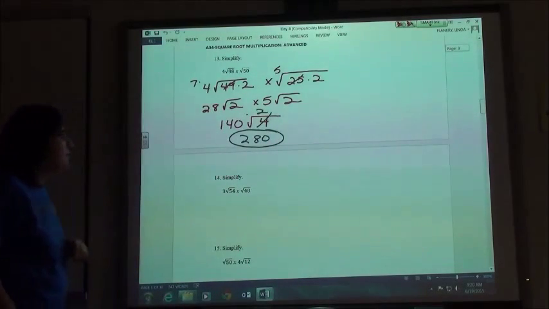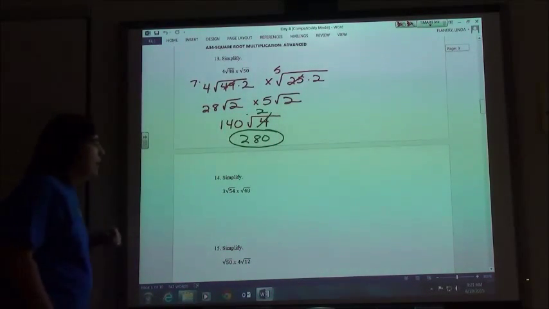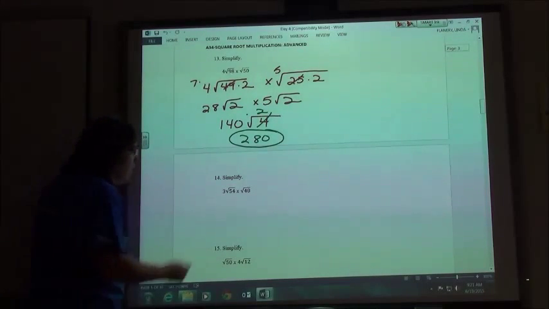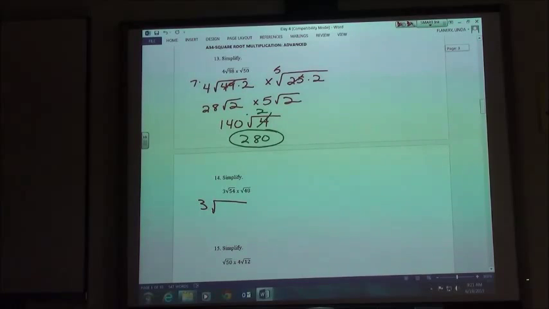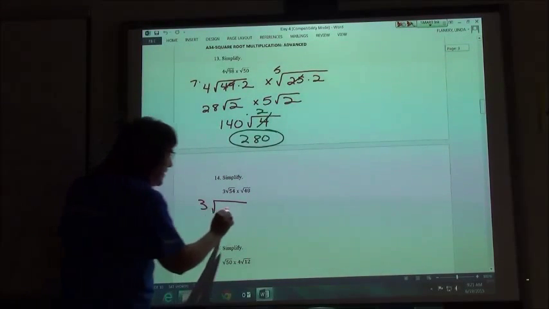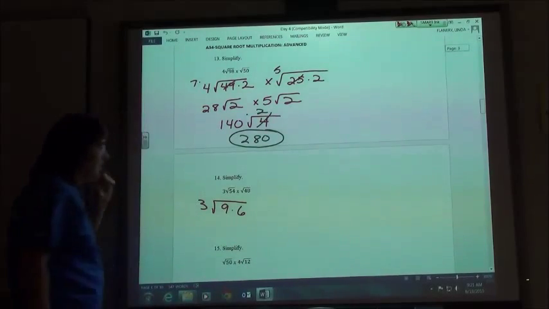Number 14, if I want to simplify that one then, I have 3 times the square root of 54. So I have to think about the biggest perfect square that divides evenly into 54. And 9 looks like it's the biggest perfect square. 9 times 6 is 54.